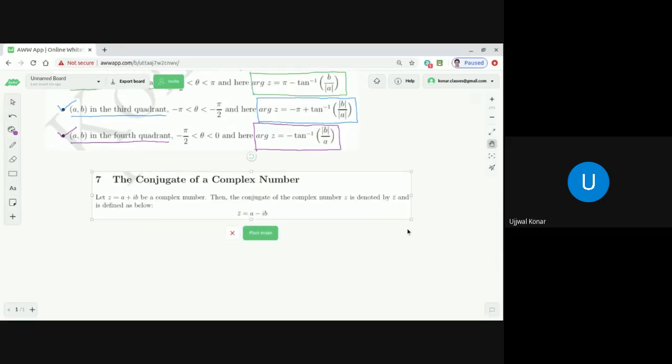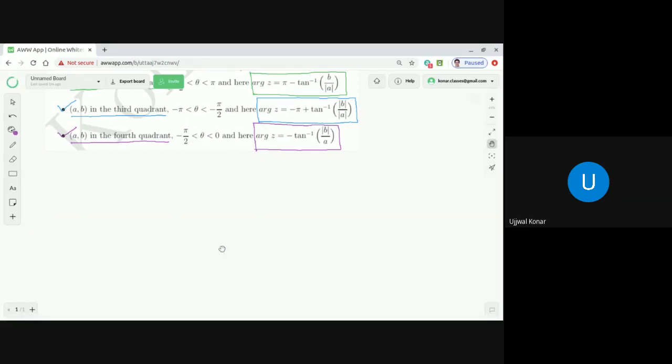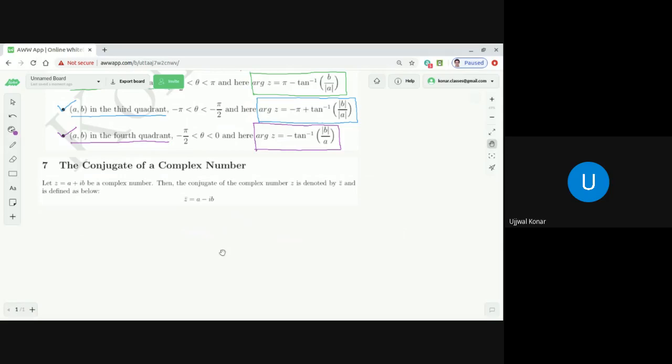Let Z equal A plus iB be a complex number. Then the conjugate of the complex number Z is denoted by Z bar, and it is defined as Z bar equal to A minus iB.